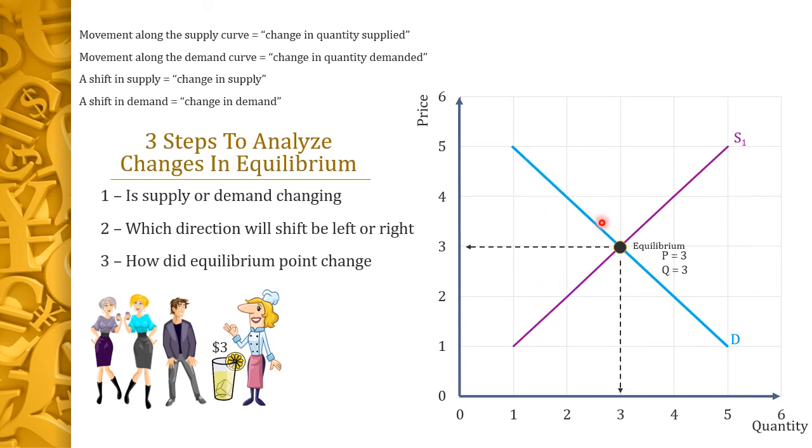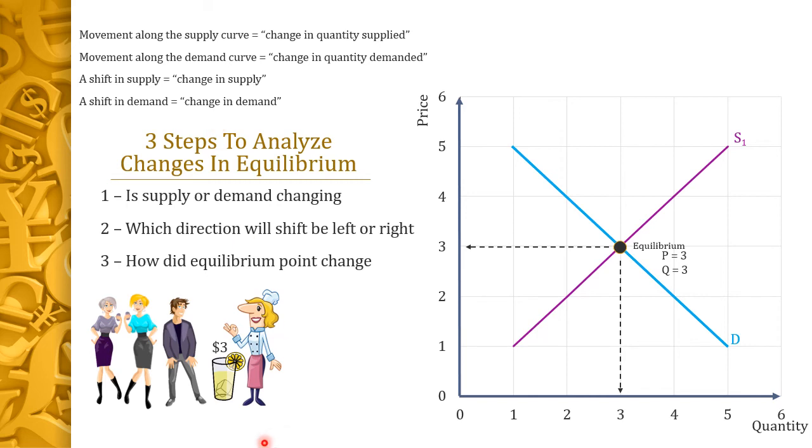If there's a change along the demand line, we're going to say there's a change in quantity demanded. If there's a complete shift, like we just had, we had this whole line go here, then there's a change in demand. If there's a complete shift in supply, it's a change in supply. Do make sure that you get these in your head, because a lot of times when you're looking at the information that's given to you, they're going to refer to it in that specific way.